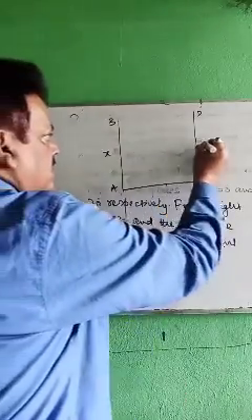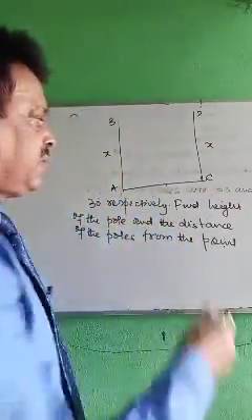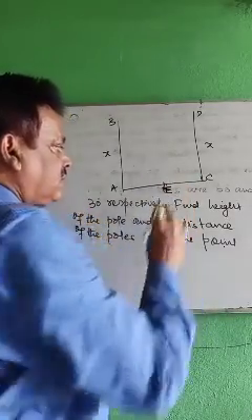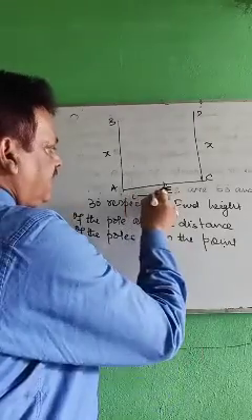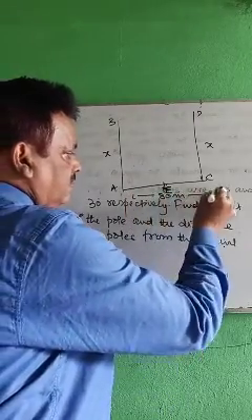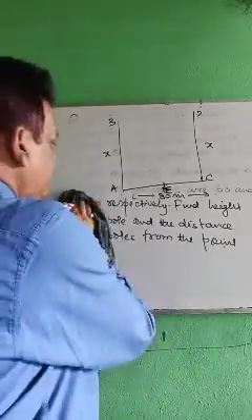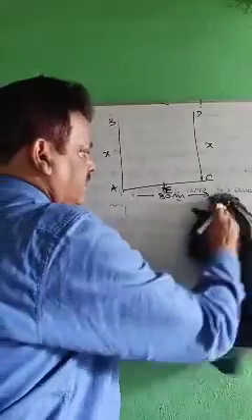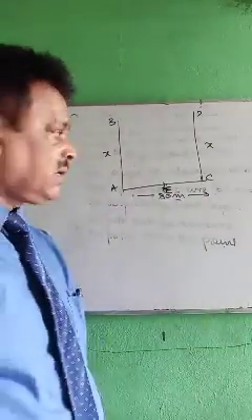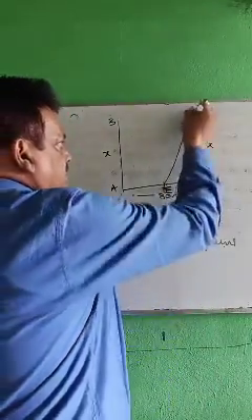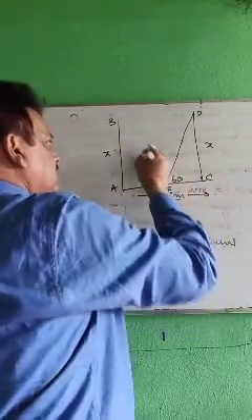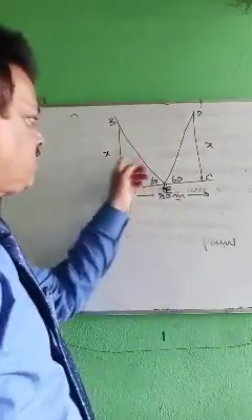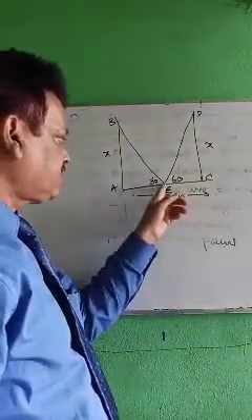If this is X, this is also X. At any point E, suppose on the ground, total is 80 meter. Angle of elevation, suppose this is 60 degree, this is 30 degree. You are asked to find height of the pole, distance of the poles from the point.